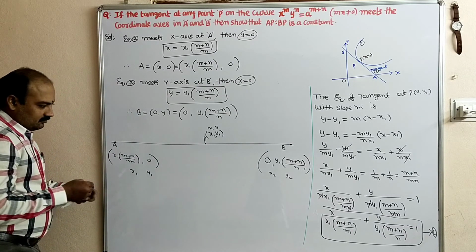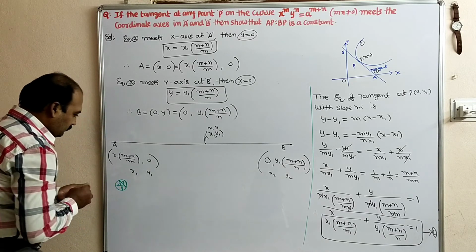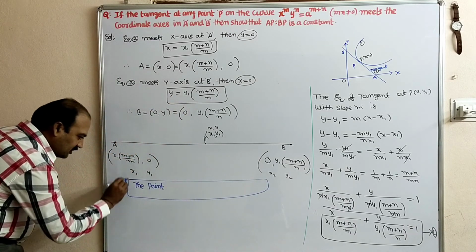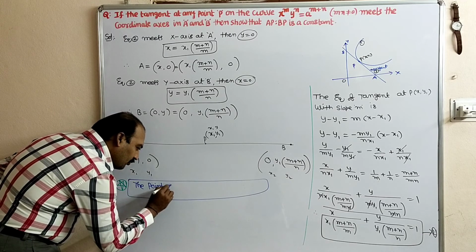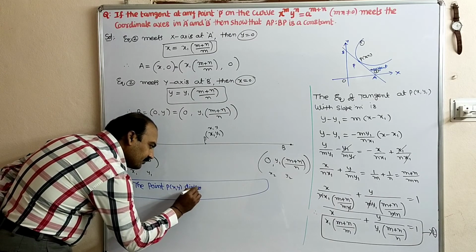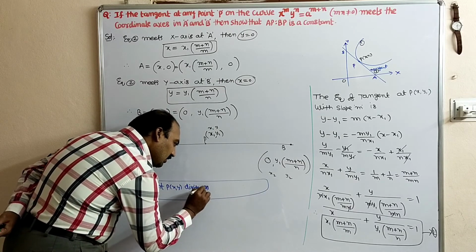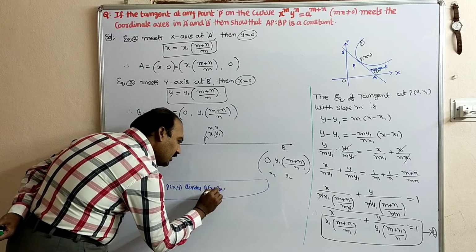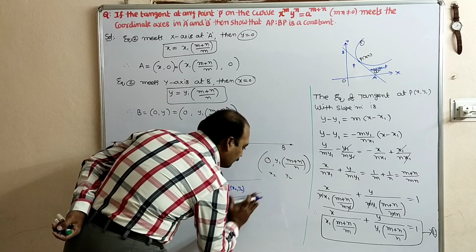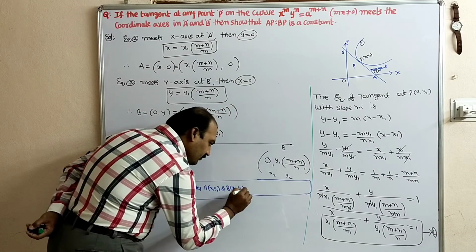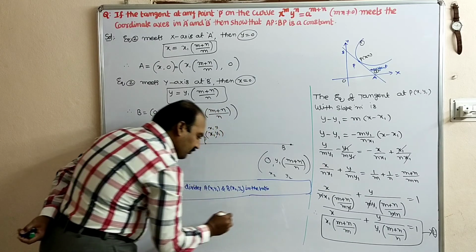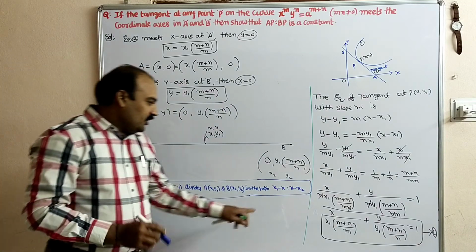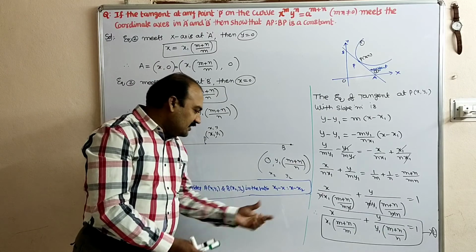In general, even in the exam you should write this: the point P of x comma y divides AB, with points A of x1 y1 and B of x2 y2, in the ratio x1 minus x is to x minus x2, or in terms of y we can write y1 minus y is to y minus y2, but we will consider x only, it is easier.